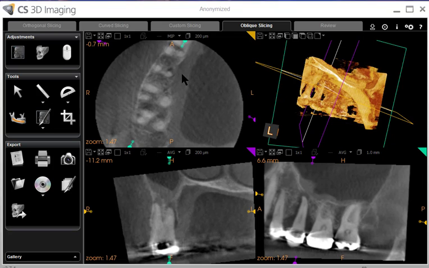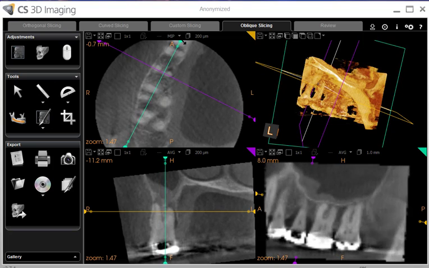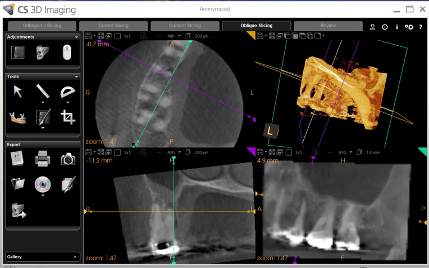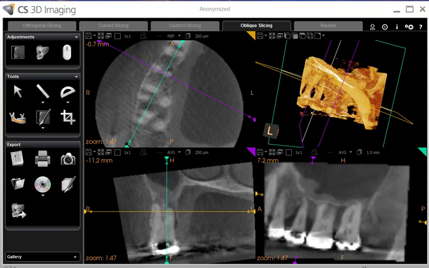But in any case, I like to go to the oblique slicing. The oblique slice allows you to move the angle of the slice in all three dimensions. When you place the cursor over the colored semicircle, you see that it becomes a double arrow.